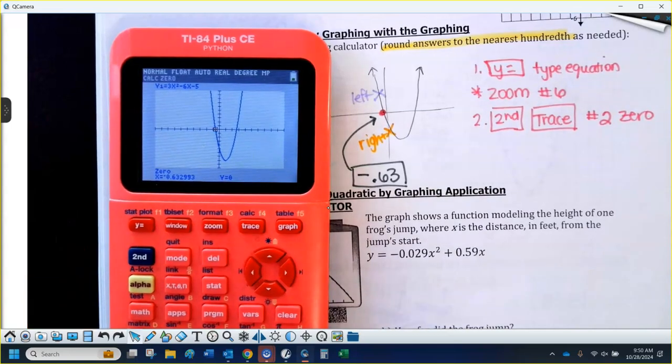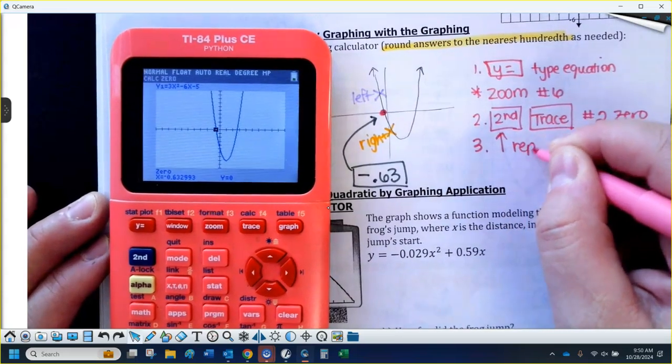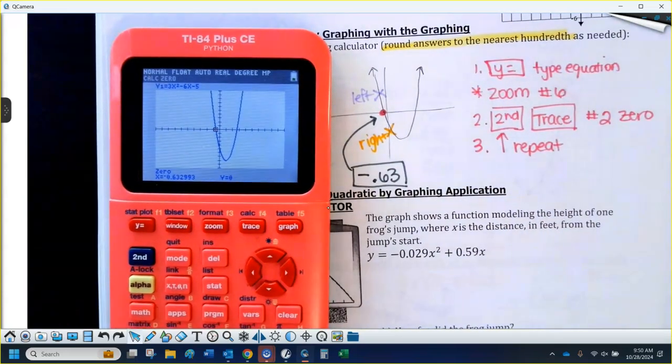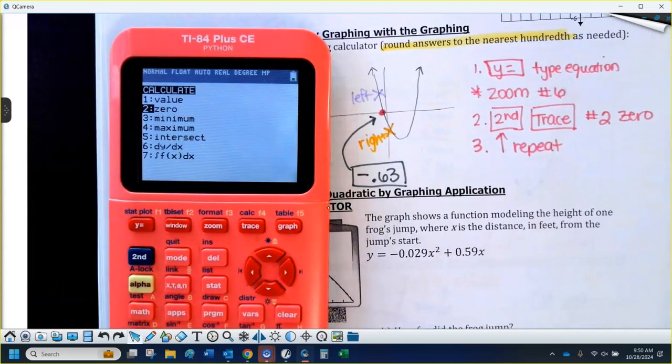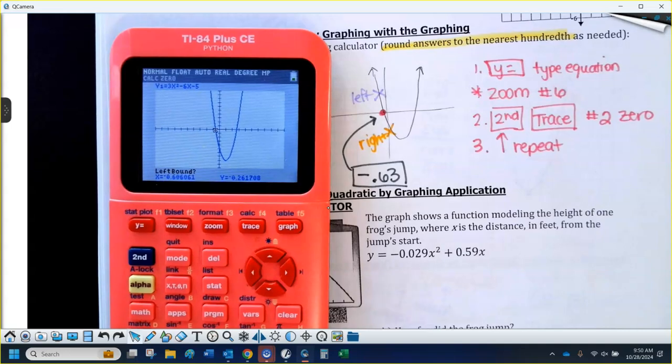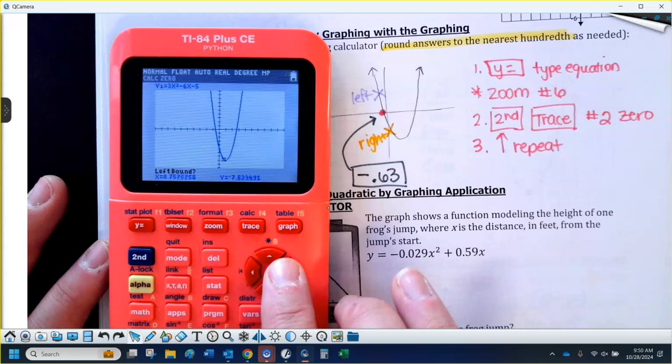Now, if you have another 0, which we do, you have to start from scratch and just repeat what we just did. So I'm going to hit second trace, go to the 0, or hit number 2, which should bring you to the graph. Okay, the other 0. Now I know this is weird. As I'm approaching this, I'm just using my right arrow key here.